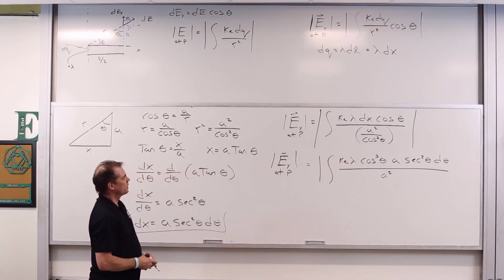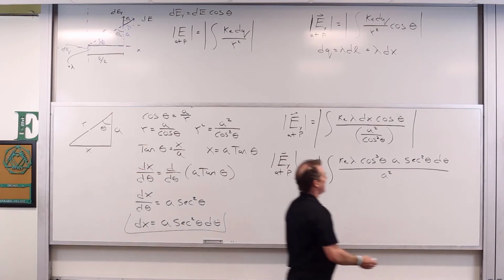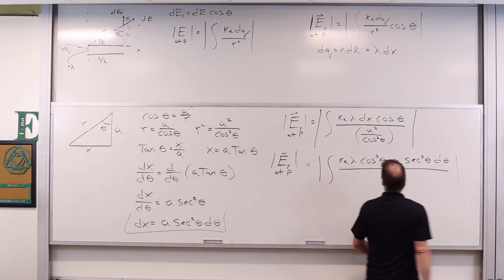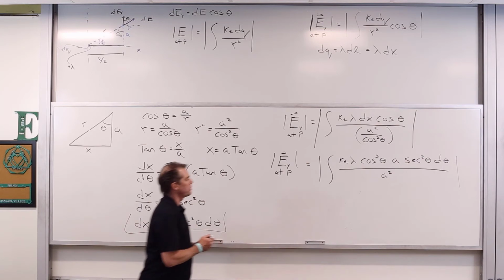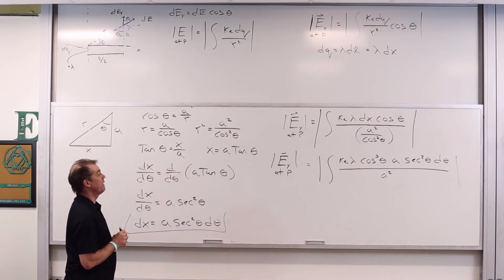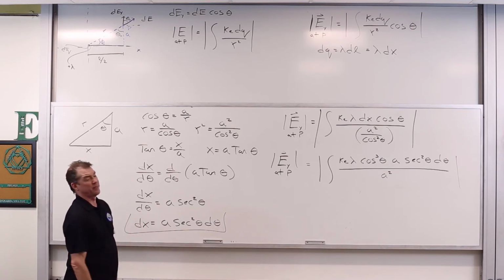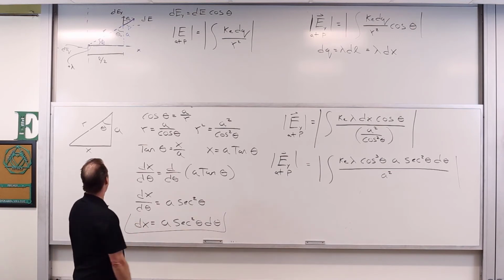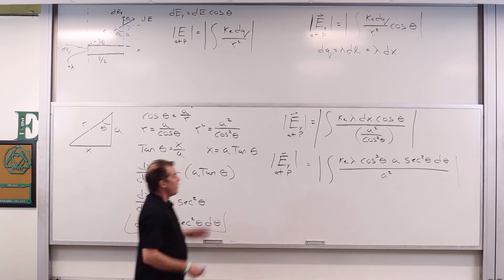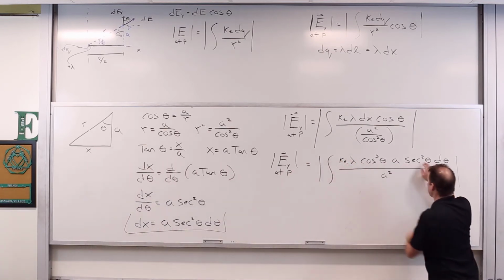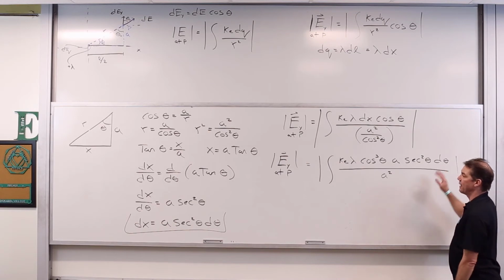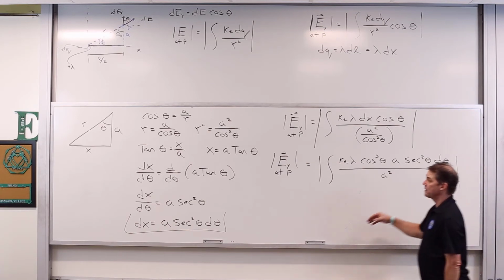You may look at that and go, oh shoot, that looks a little bit not too friendly. But it actually is. It actually is really nice. Very nice at that. So what do we do with this? Well, one thing, we need some limits of integration, right? What are we integrating over? We're integrating over theta now. The only thing that has variance in here is theta, right there. So that's what we're integrating over, so we need our limits of integration.